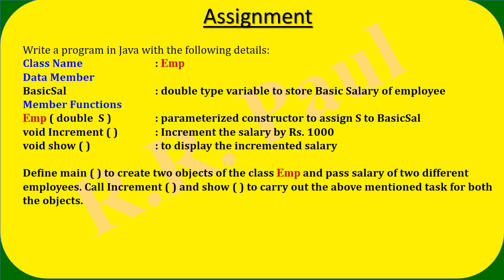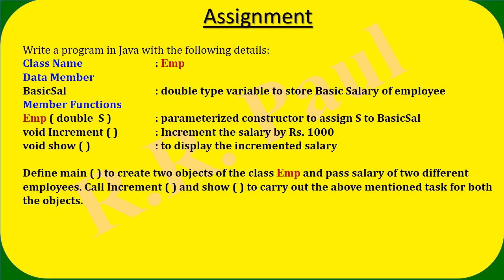We have a class EMP having a parameterized constructor with double type S as its parameter, then one instance variable basic sal, and then two more functions, increment and show.